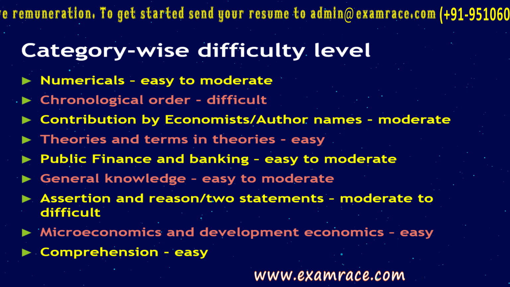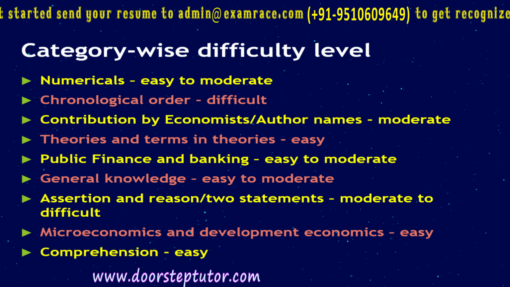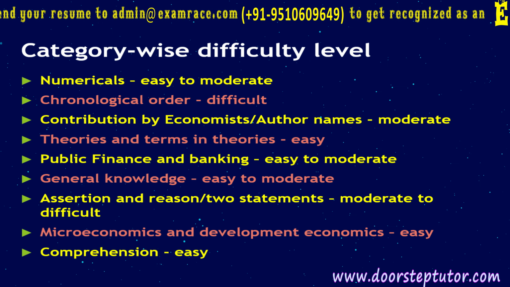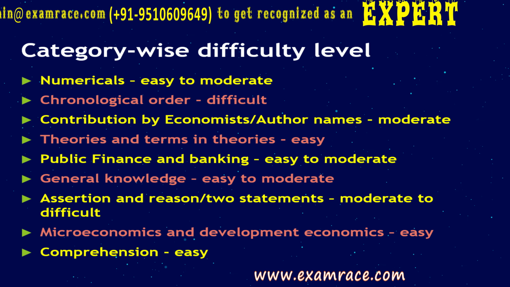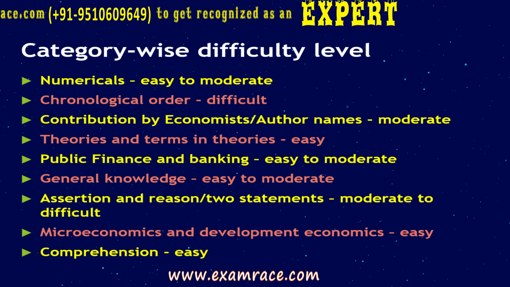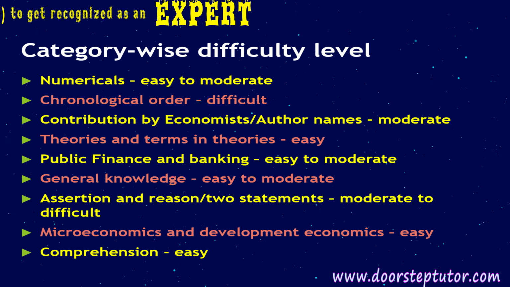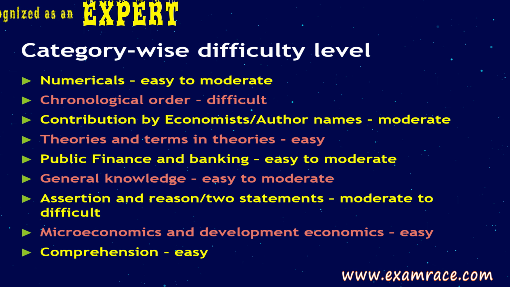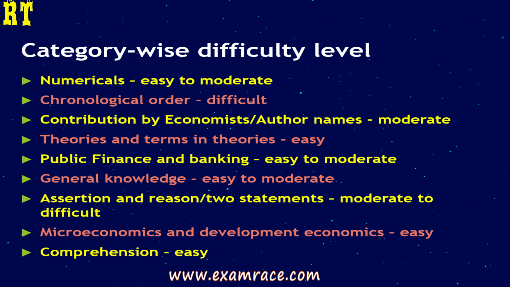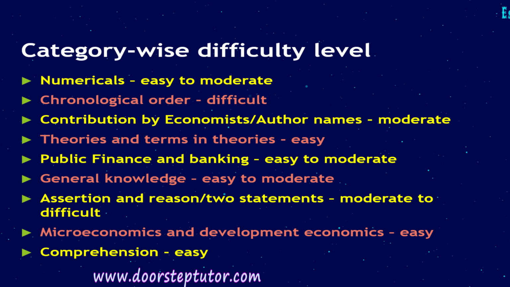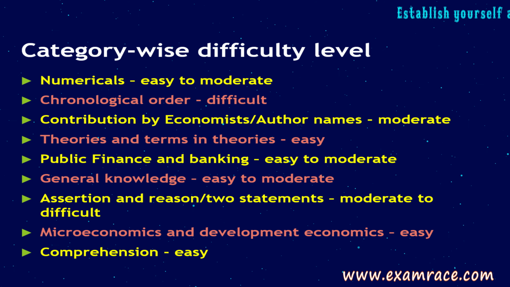And next is your contribution made by the different authors, or the author name was given and you have to identify which of the following contribution, which of the following theories or book has been given by the author. So there were various authors such as Slutsky, Leontief, Arrow, and there were also many theories given in which you have to identify.